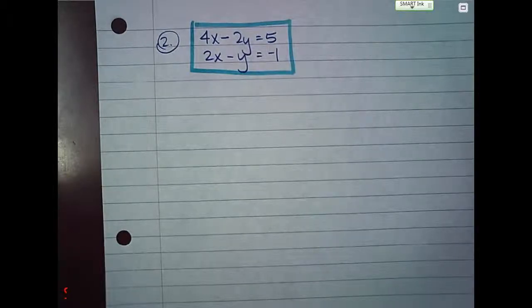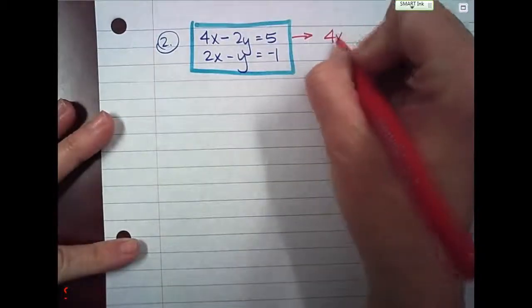If I was going to get rid of the x's, what would I need to change this 2x to in order for it to be a 4x, right? A negative 4. So it would be negative 2. If I chose y's, what would this y on the bottom right here need to be? It needs to be a positive 2, so I have to multiply it by negative 2. So what do I need to multiply by then? Negative 2.